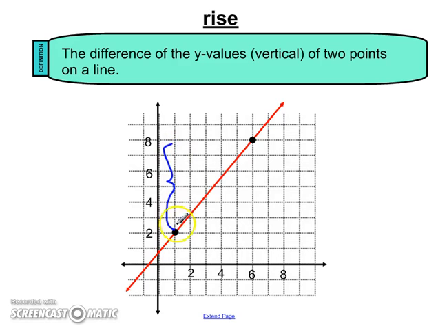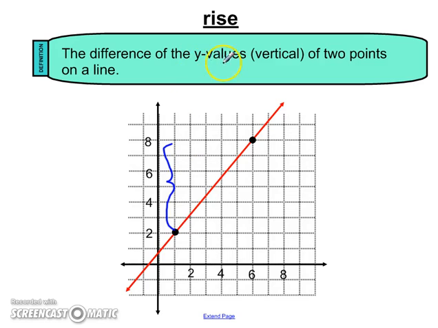So in this particular case, we're talking about the vertical change from this point up to this point, again, in a vertical direction, okay? So how far up do we go, or down, because we could be going down. How far up or down are we going from one point to the other?